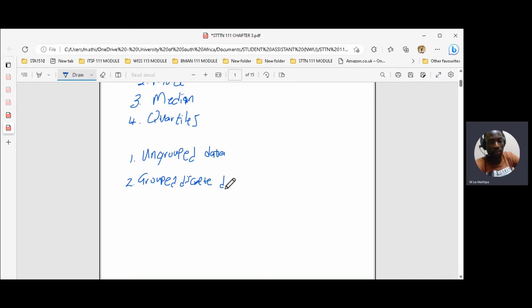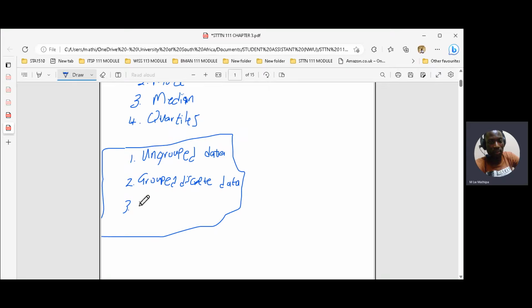And then the last one, we have grouped continuous data. These are the three types of data that we are going to apply for us to calculate the mean, the median, the mode, and also the quartiles.